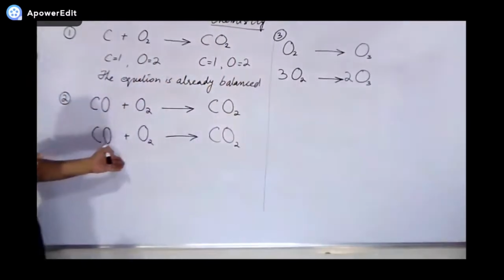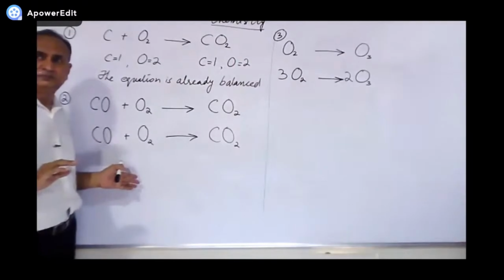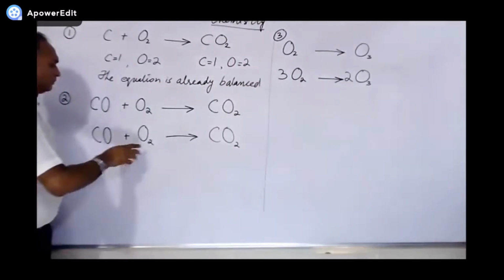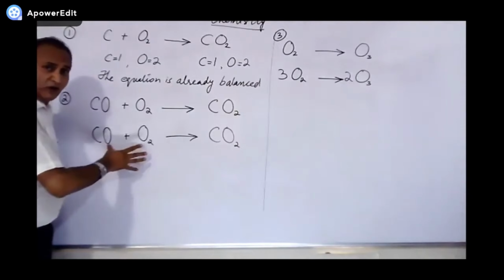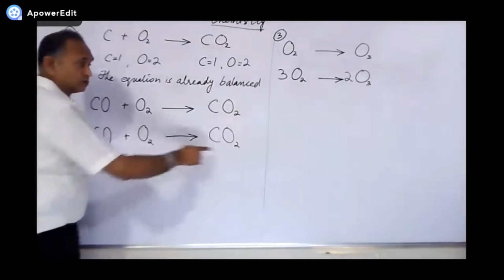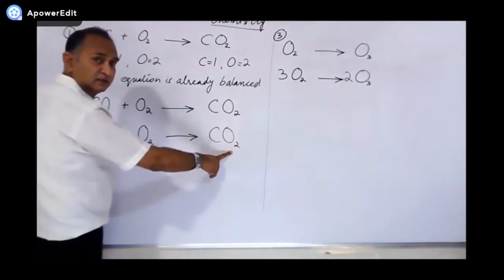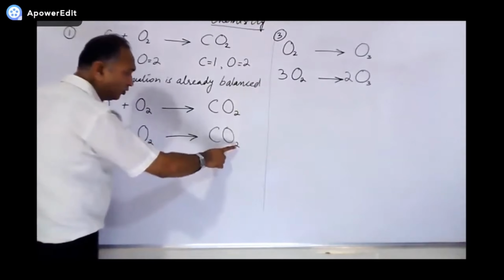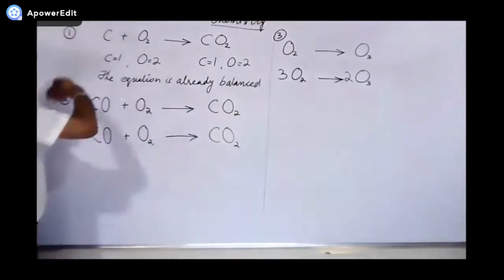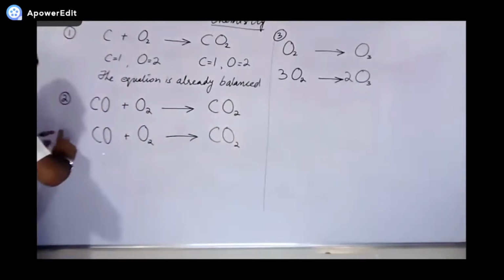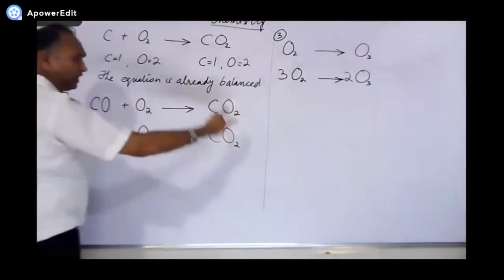Look at the board, this one. 2 plus 1, 3 oxygens. 2 oxygens. So 3 and 2 are consecutive numbers. So 2 should be multiplied over from this side, 3 on that side.